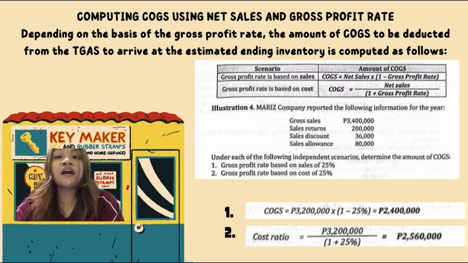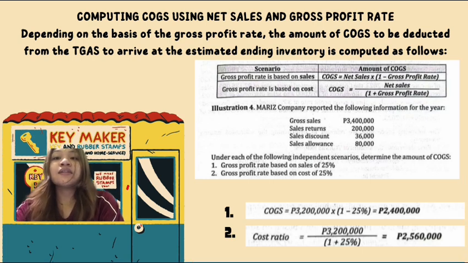We have here the formula in which net sales for gross profit method purposes should be computed. We base on the formula we mentioned earlier. For the COGS, first is the net sales, which is gross sales minus sales returns: 3,400,000 minus 200,000.